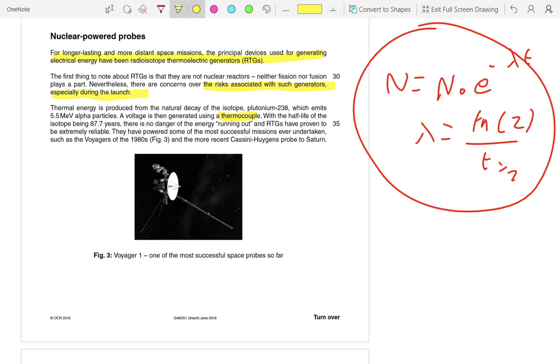If you've got that with a nuclear source, so it's not fission or fusion, but you've still got nuclear isotopes in there, then that can explode and spread about over the nearby land, and then you've got problems because it can affect farming and the soil, and it can cause health problems and things like that. So if it asks you what these risks could potentially be, you say explosions can happen on launches, and this can lead to a fallout in the area which can affect farming and human and animal health.